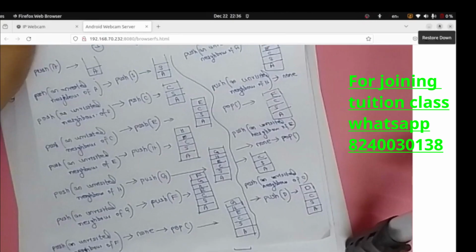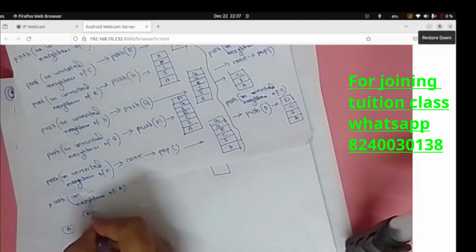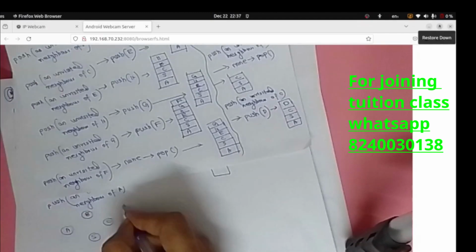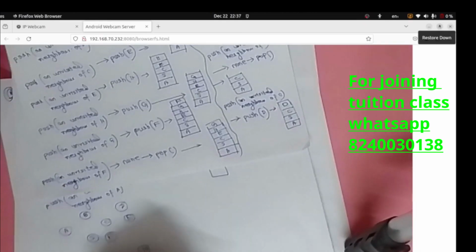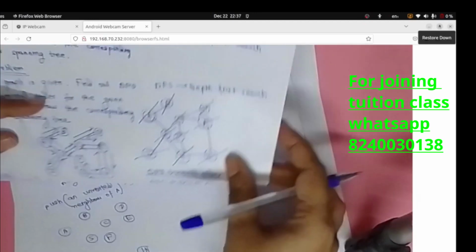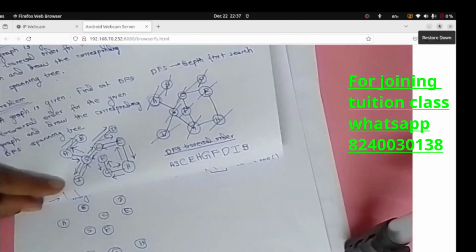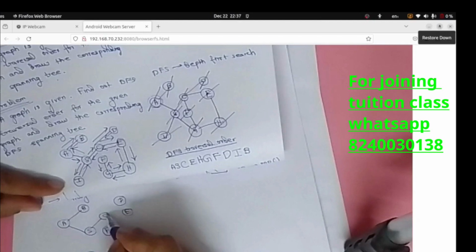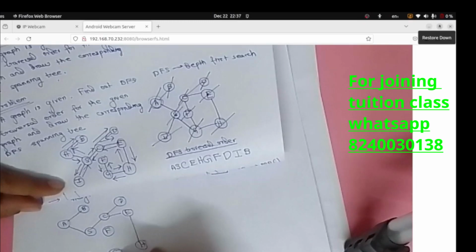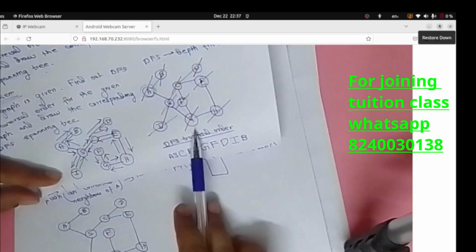First of all, we have to draw the vertices A, B, S, C, D, E, F, G, H, and I. And according to this traversing order, there is an edge between A and B, then A to H, H to C, C to D, C to E, C to H, H to G, G to F, H to I. So that is the first spanning tree for this particular given graph.